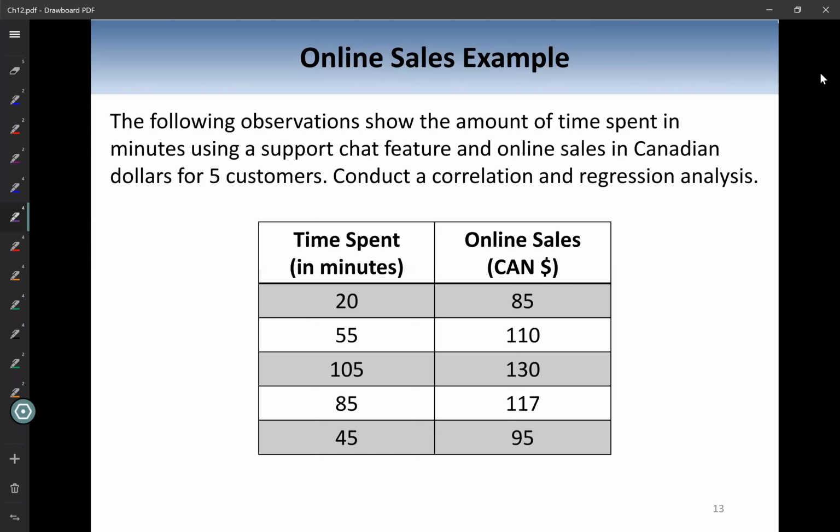So a lot of different reasons there could be a relationship between age and time spent and online sales. And so if we were to use the time spent using the chat feature as a predictor, plus the age of the customers, we would then have 2 predictors. And when you have more than one predictor, we have then a multiple regression model.